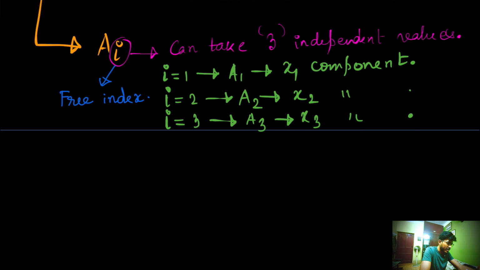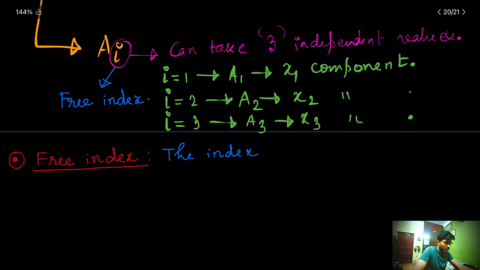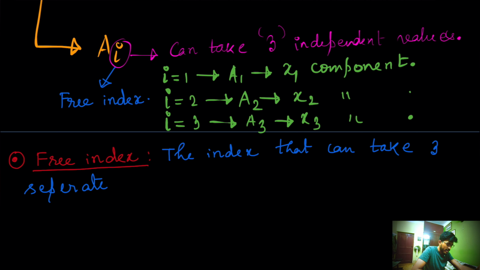So I am writing separately, this is the definition of a free index: the index that can take three separate values. Why 3? That is because physically we have only 3 dimensions or 3 directions.